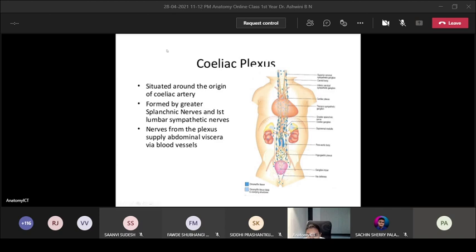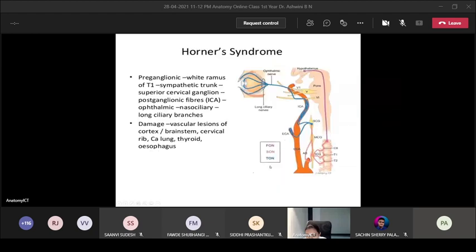The celiac trunk is the first branch from the abdominal aorta, which supplies different organs present in the abdomen, such as the stomach, duodenum, liver and so on. The celiac plexus and the splanchnic nerves supply the different abdominal viscera.